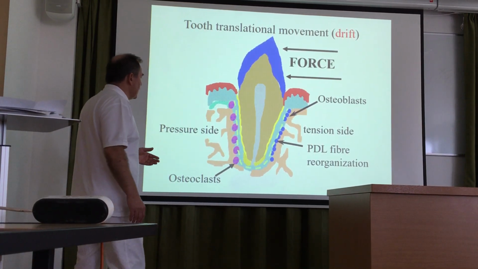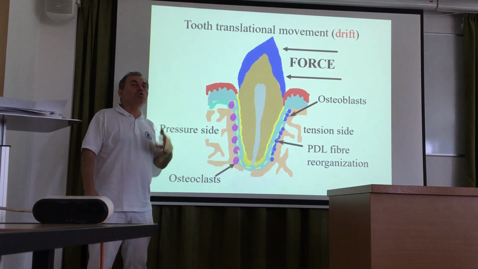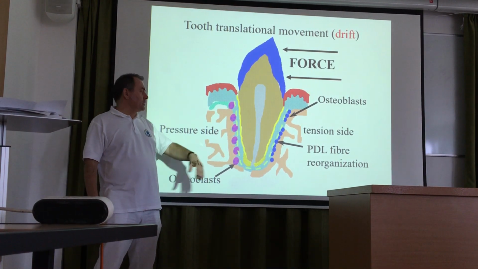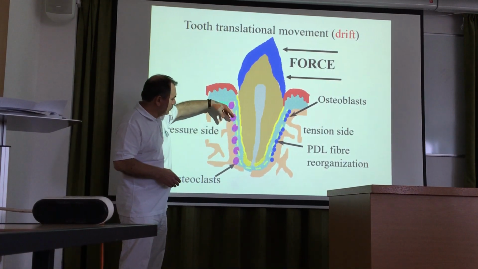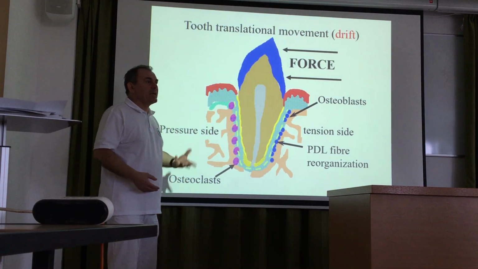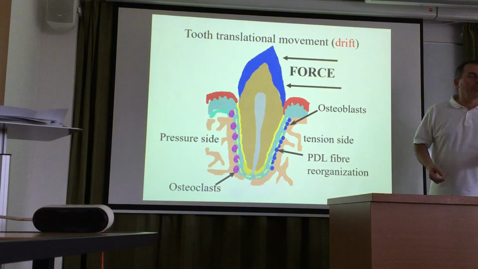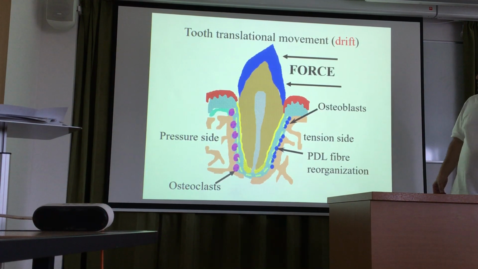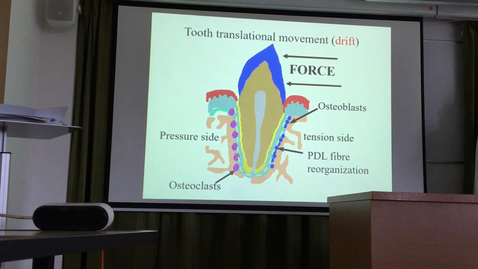And this results in so-called undermining resorption, because the bone marrow side, or the underside of the lamina dura, is weakened, and the result will be breaking through or fracture of the lamina dura, and sudden pain for the patient, and sudden hypermobility of the tooth.